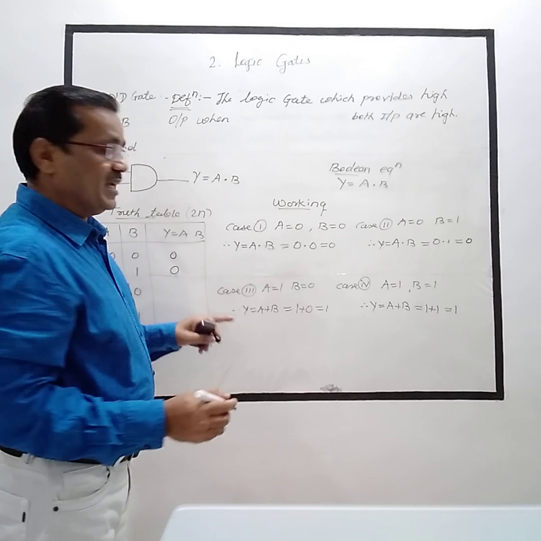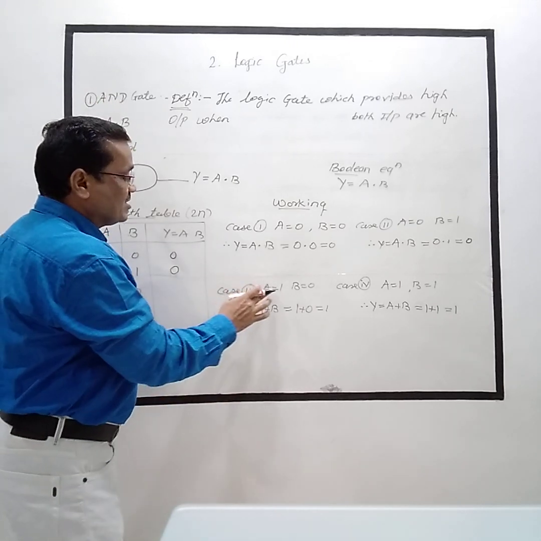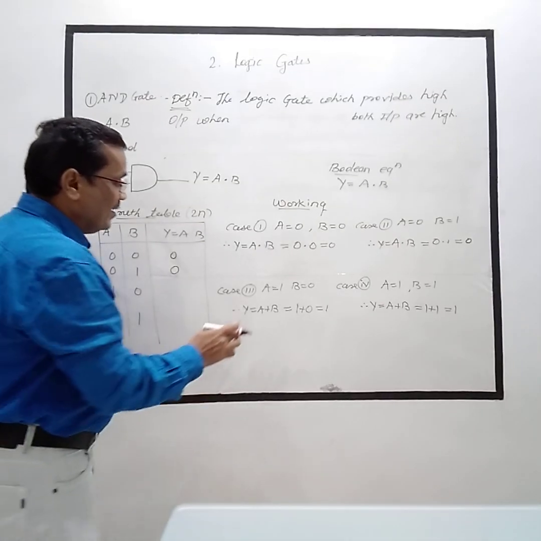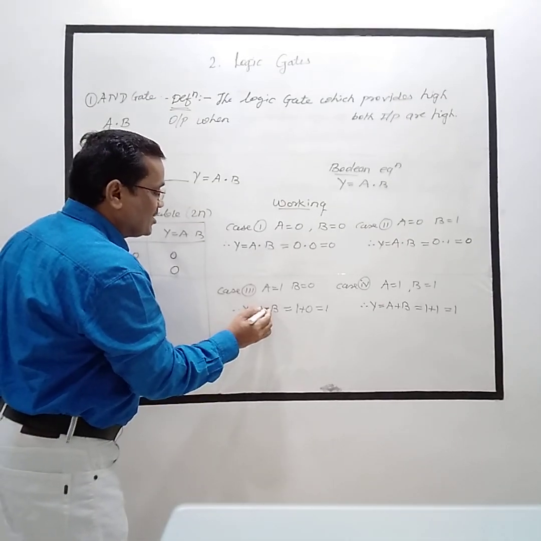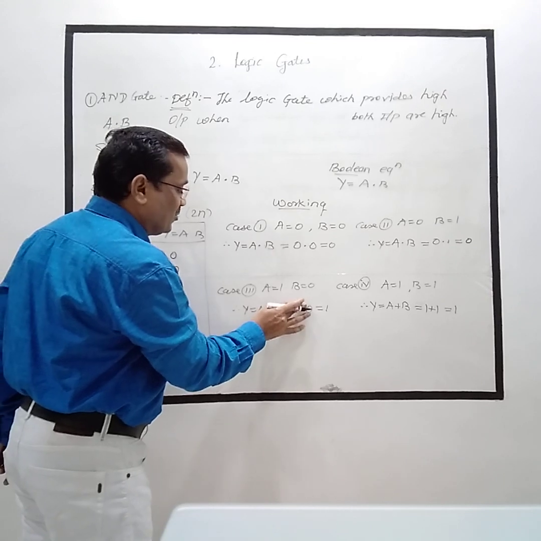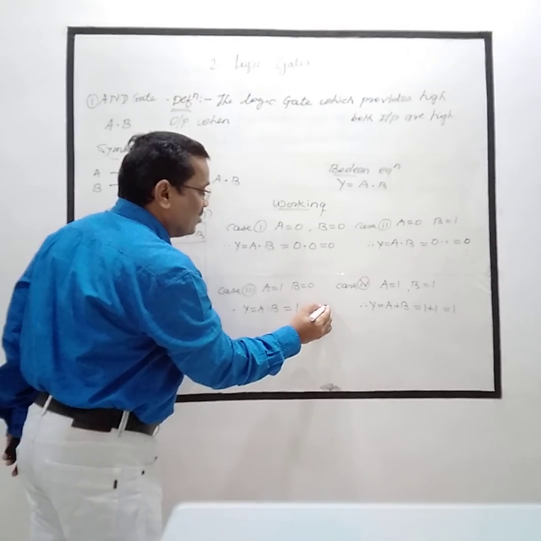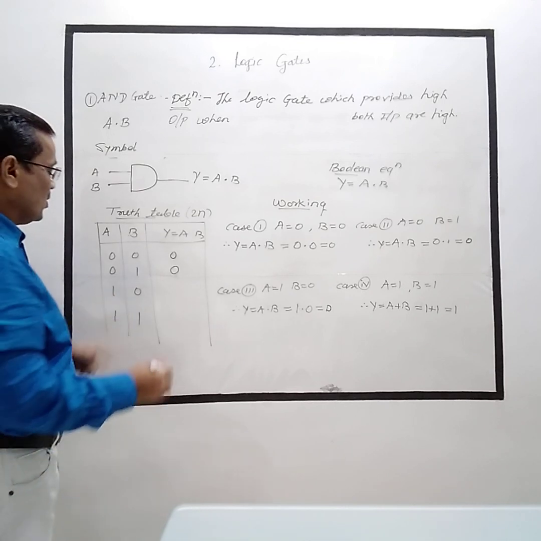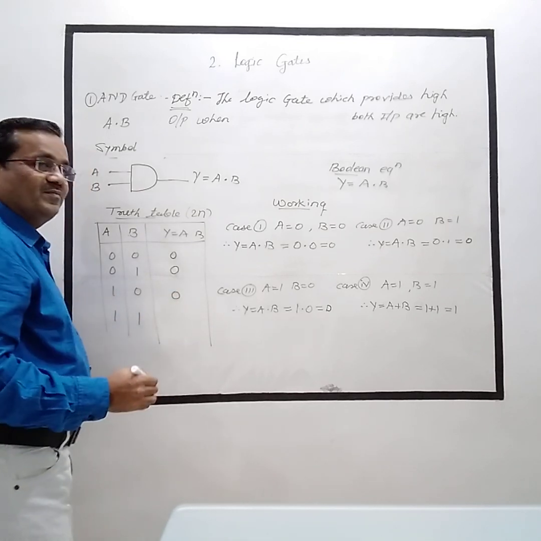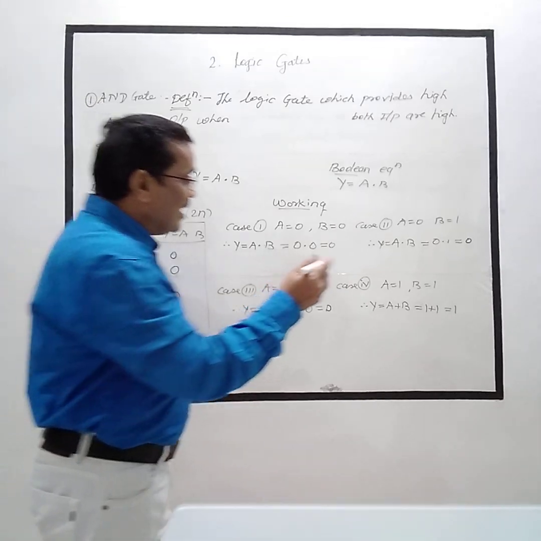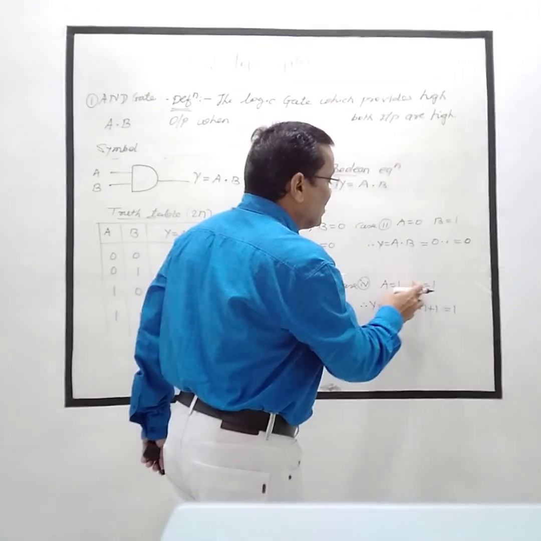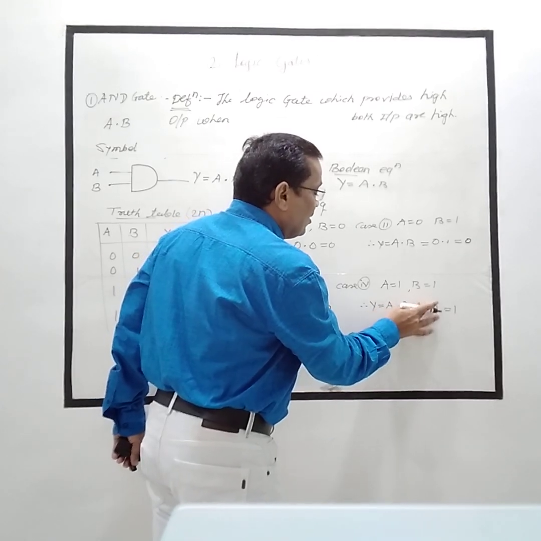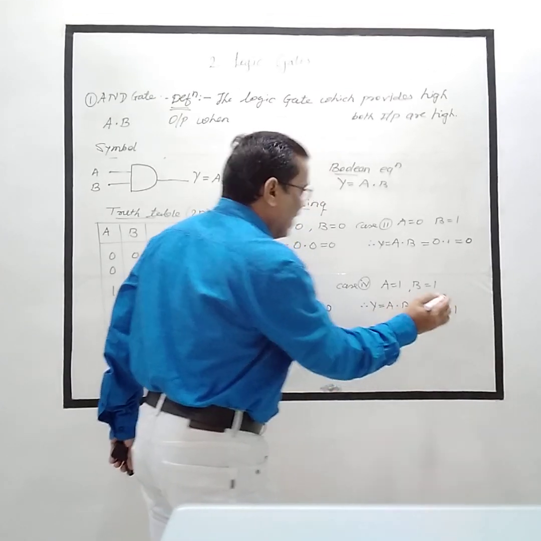Now the third case, which is A is equal to 1, B is equal to 0. According to the Boolean equation we substitute the values respectively. Its product comes out to be 0. That means 1 into 0 is again 0. Last case, when A is equal to 1, B is equal to 1, then by the equation 1 into 1 is equal to 1.